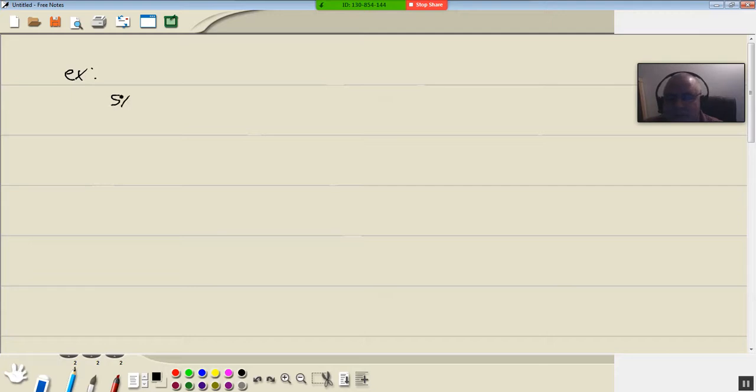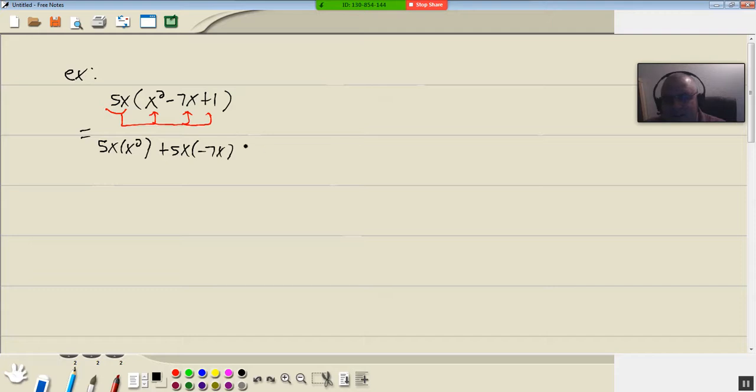Remember, if you have a single term out in front and you have multiple terms inside, this is a distributive property. So we're going to take this 5x and multiply it times the x squared, times the negative 7x, and times the 1. So we got 5x times x squared. We got 5x times negative 7x.